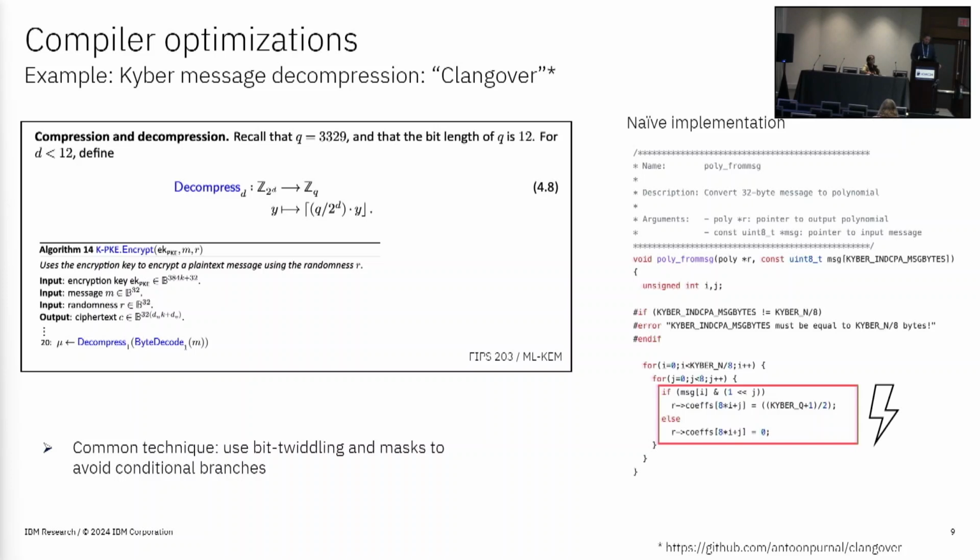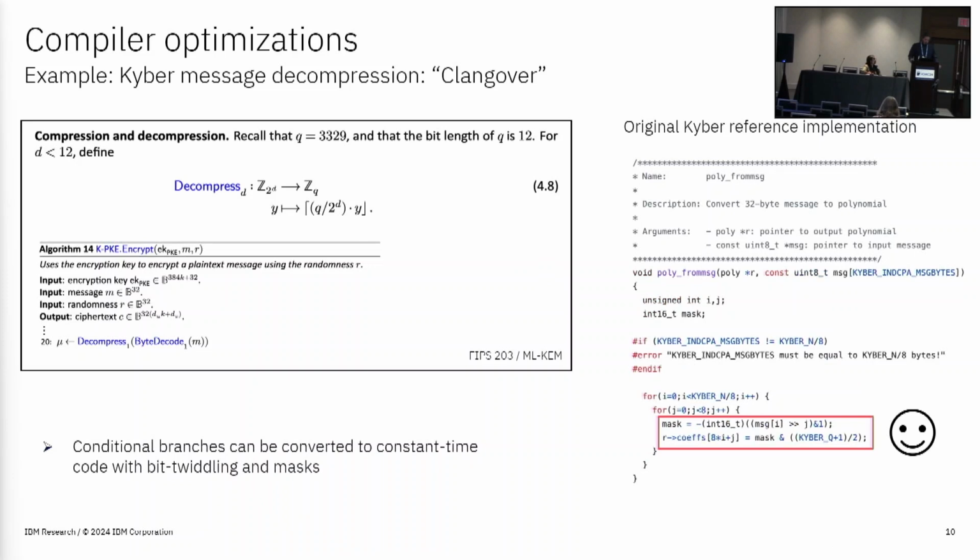What you do there, a naive implementation that you would see on the right-hand side, is you take the message bits, shift them to the right, and if it's a 1, you set the coefficient to (q+1)/2, and otherwise to 0, right? Luckily, nobody does it like that, because that's what you learn. You should avoid having a branch there.